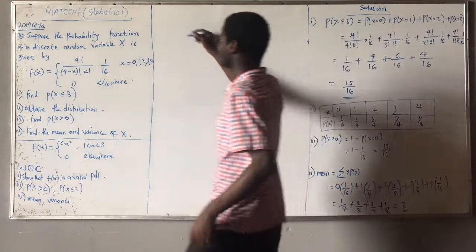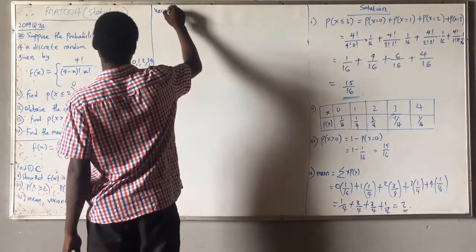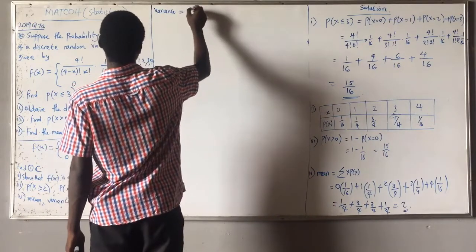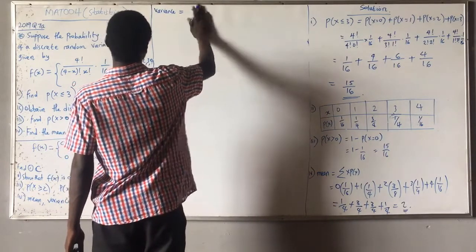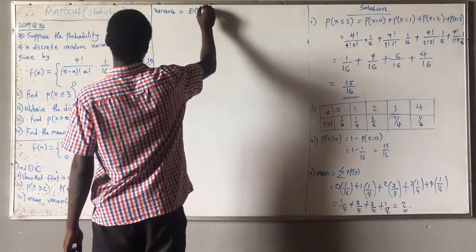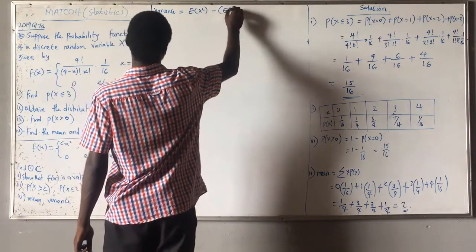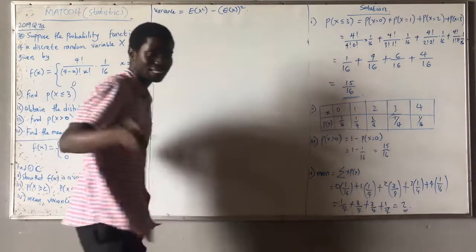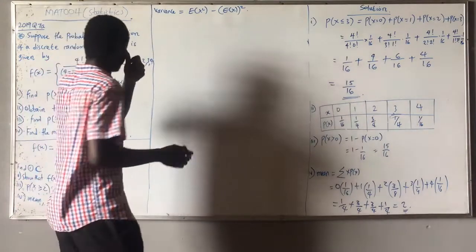What is variance? Variance is equal to the expected value of x squared minus E of x all squared. That is variance. What is E of x squared?